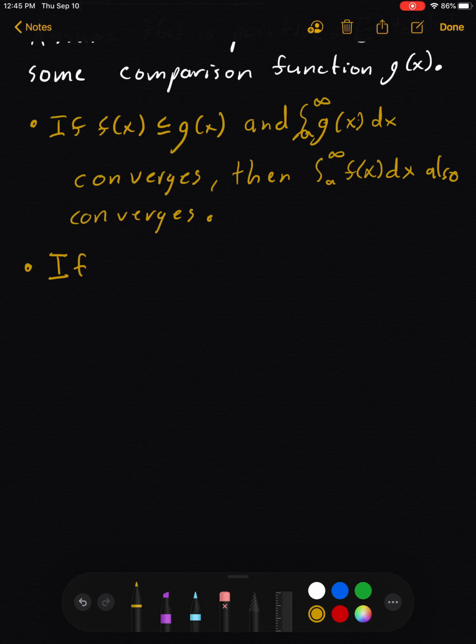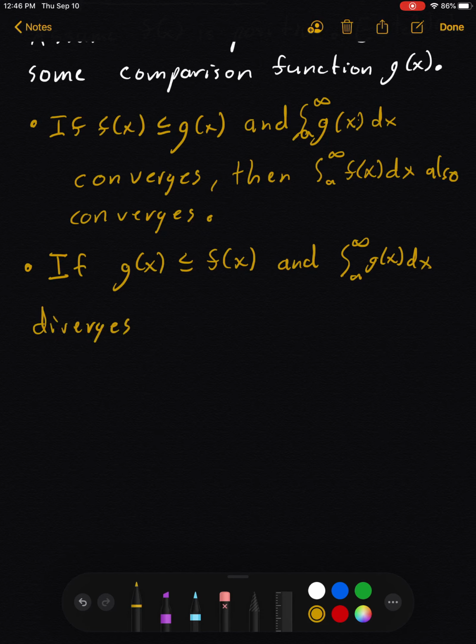But anyway, if g of x is less than or equal to f of x, and the integral from a to infinity of g of x dx diverges, then the integral from a to infinity of f of x dx also diverges.